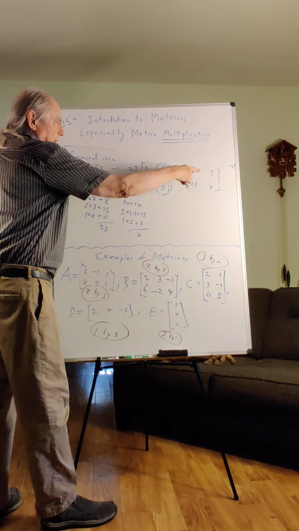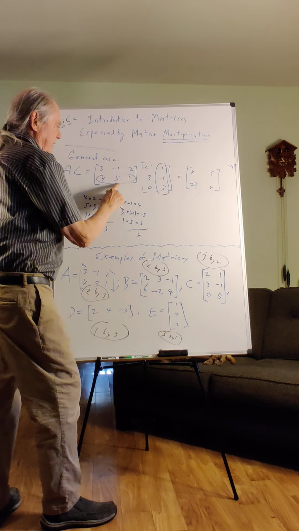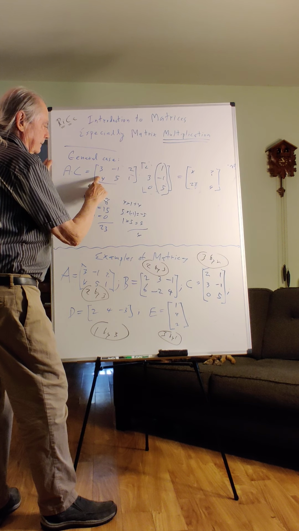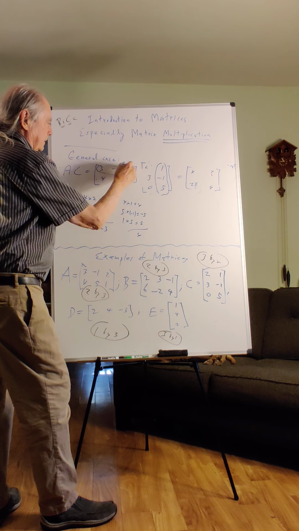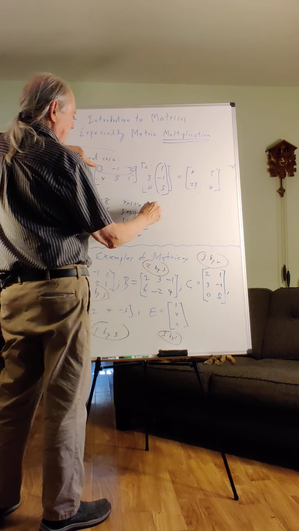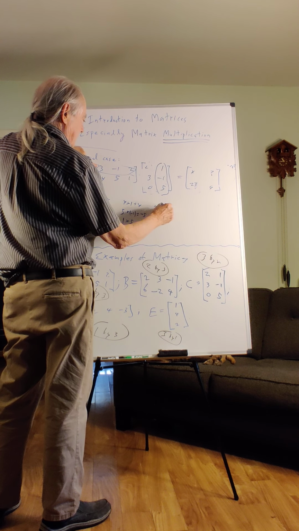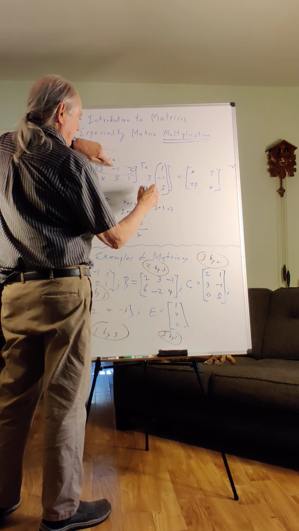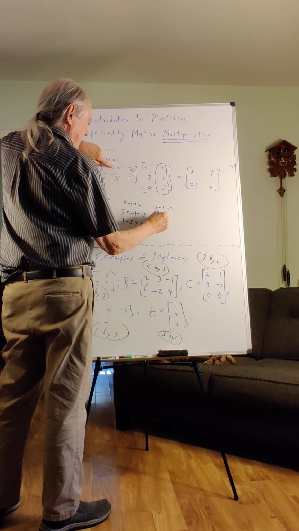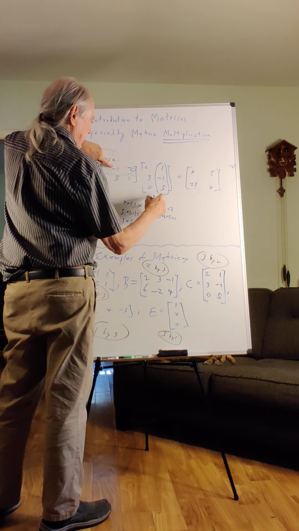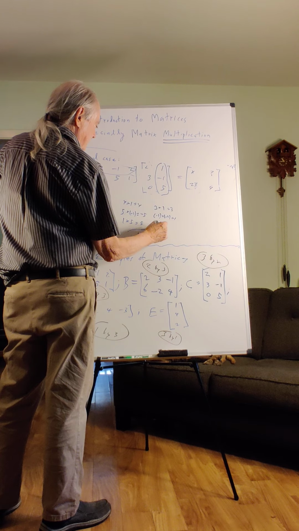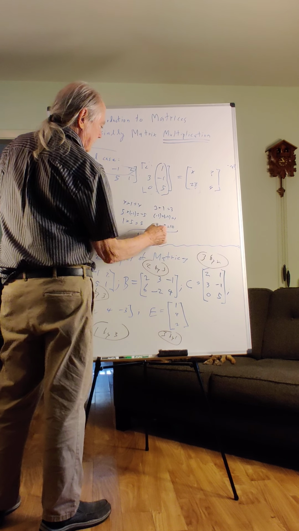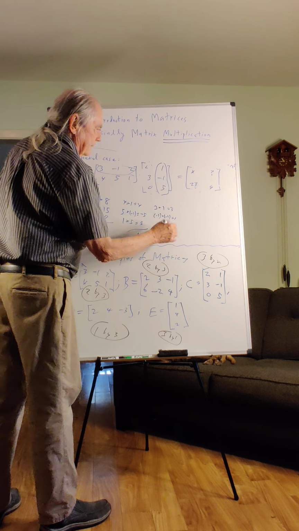All right, that entry is in the top row in the right column. Three times 1, negative 1 times negative 1, and 2 times 5. 14.